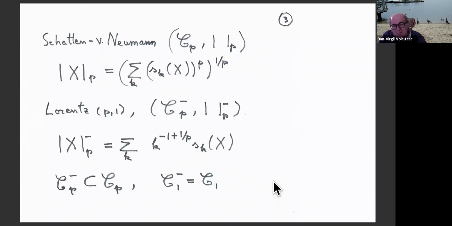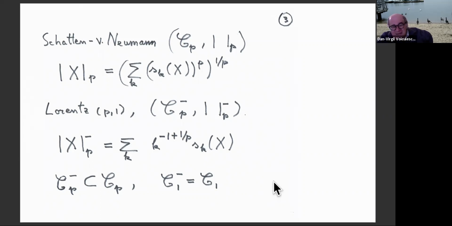You get an idea of what this norm really is by thinking in the following way. It is somehow the largest norm which is the p norm on projections.